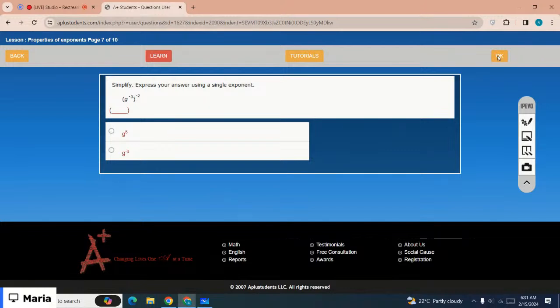Express g exponent negative 3 exponent negative 2. So which is the correct option?